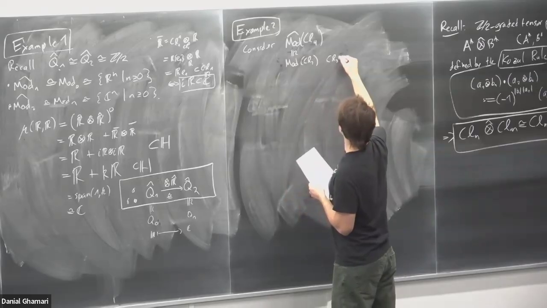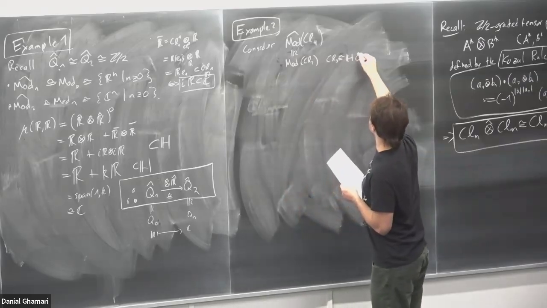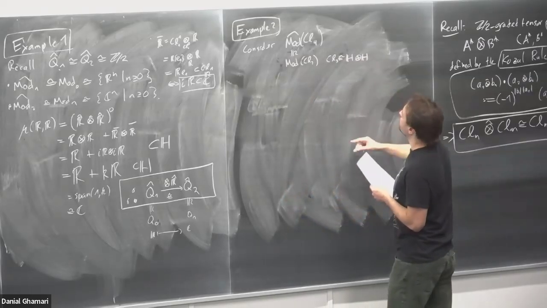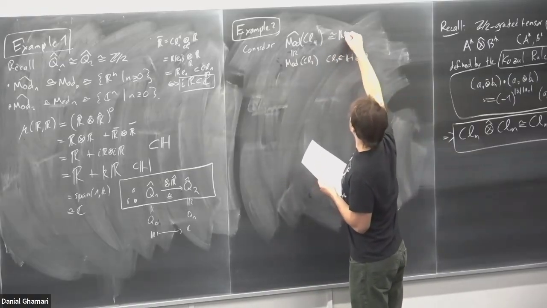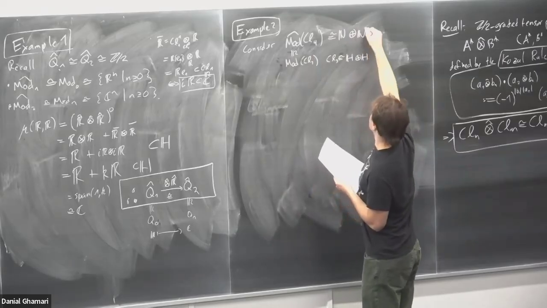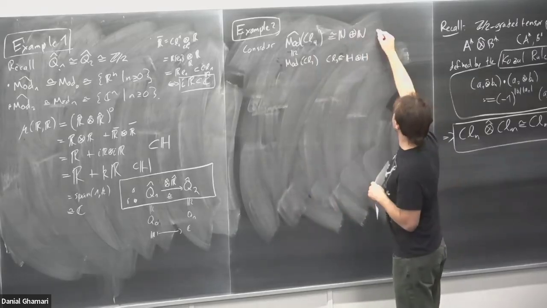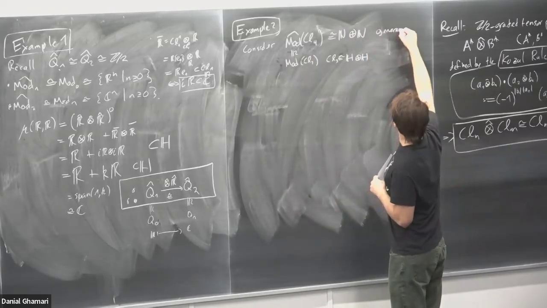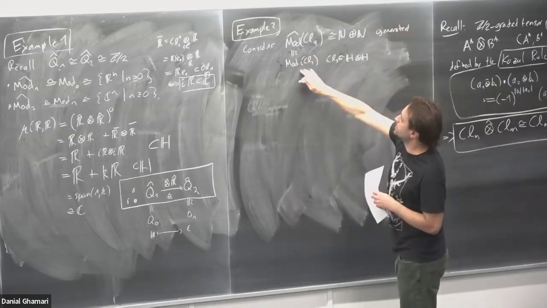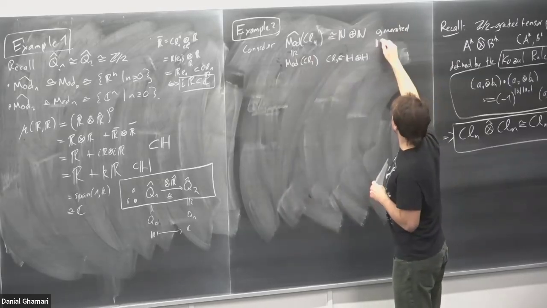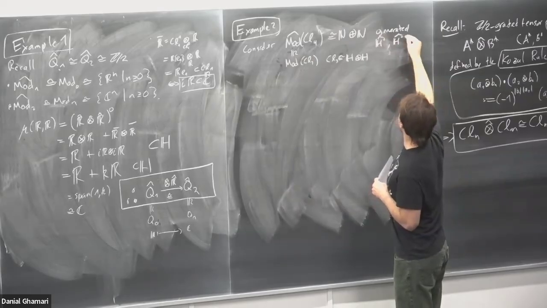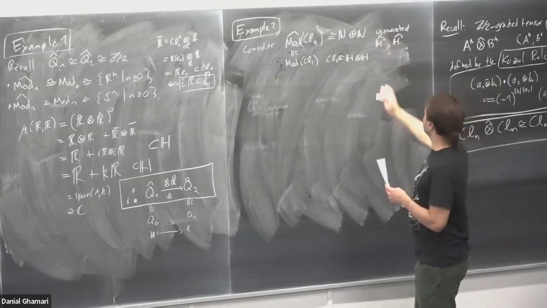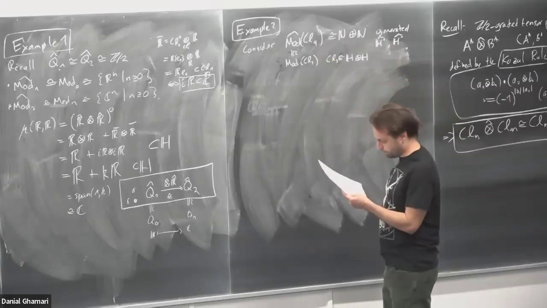So CL3 was isomorphic to H plus H, generated by H plus and H minus. So here we're going to get H plus hats.